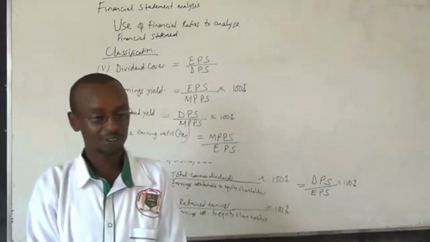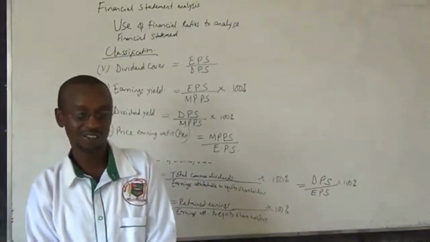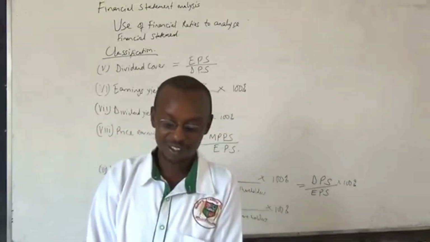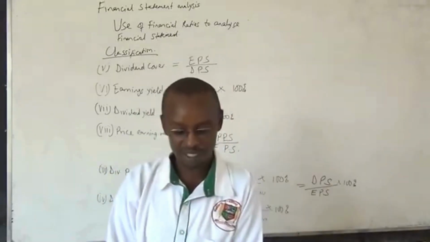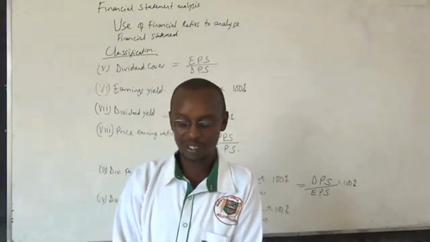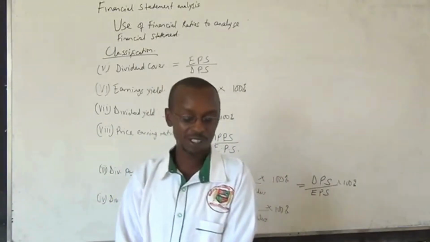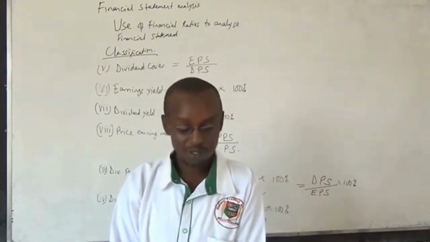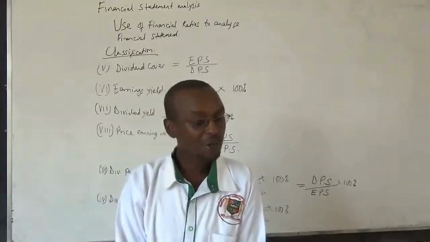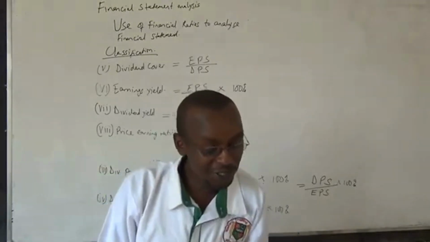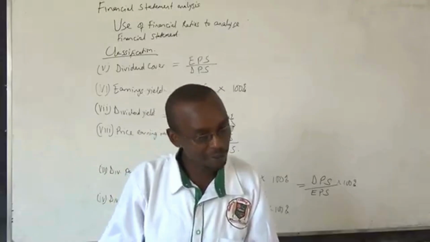Limitations of ratios. Number one, subjectivity. Ratios are subjective to accounting information that depends on accounting policies adopted by a particular organization, hence making cross-sectional analysis impossible. So that means we depend on information that has been prepared using accounting policies.